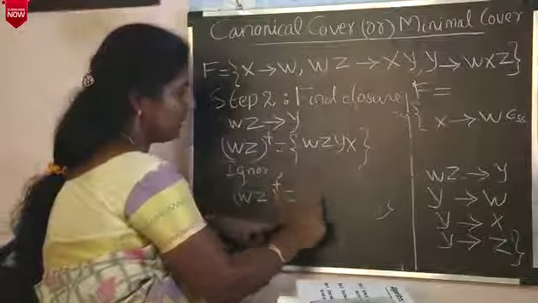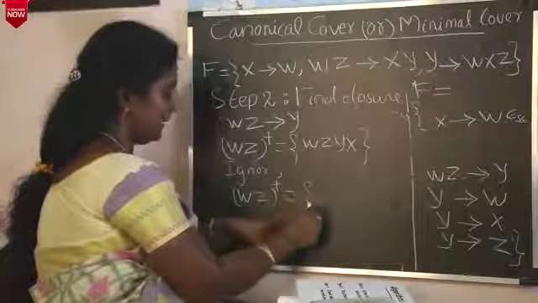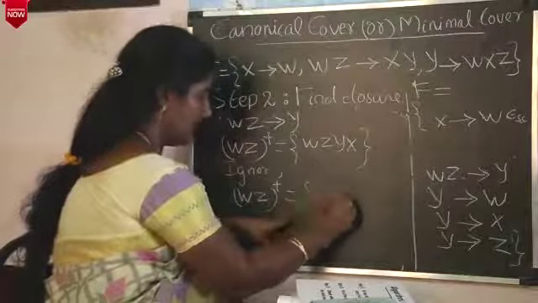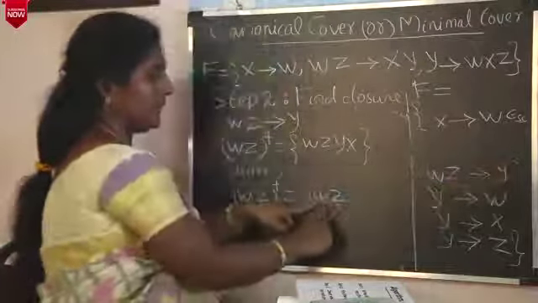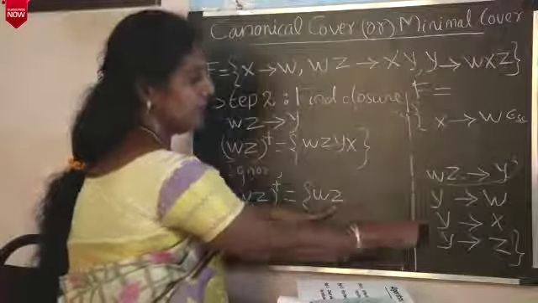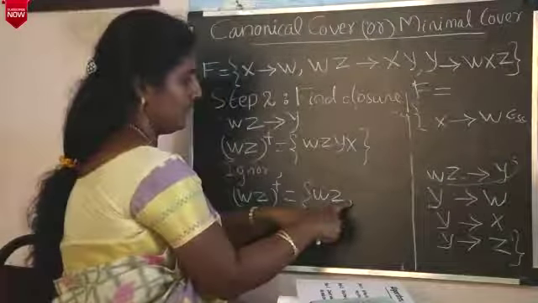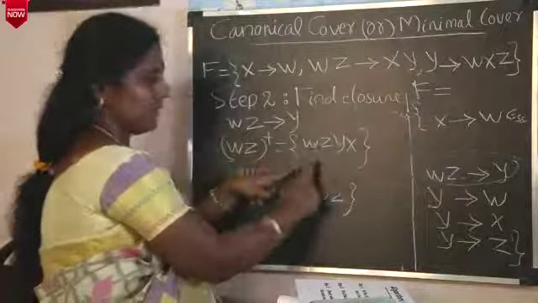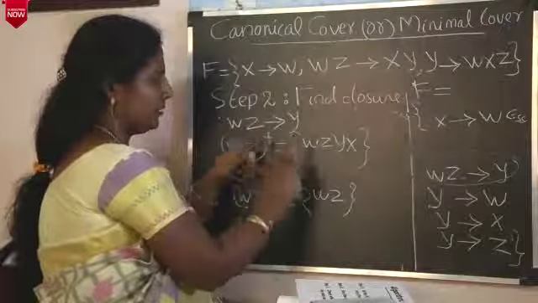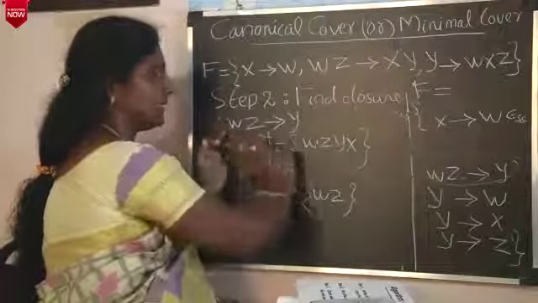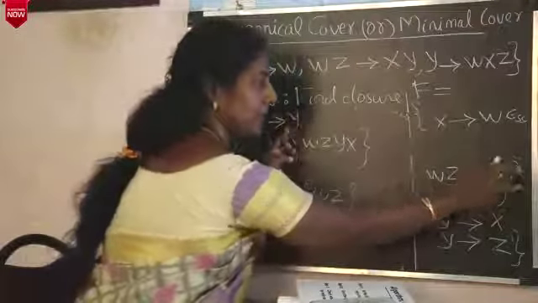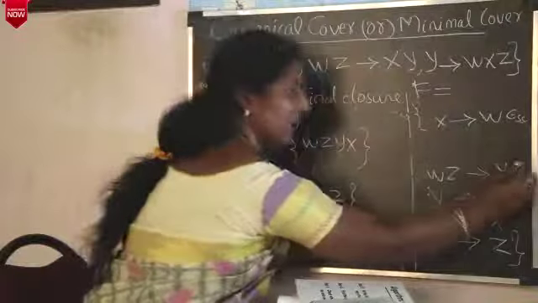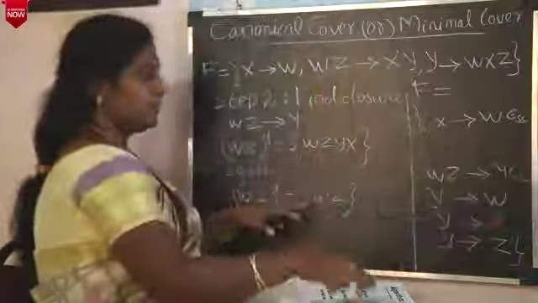Wz can be determined by itself. We assume that this is removed now, so Wz is not determining anything. So these two are not the same. You cannot remove this functional dependency, Wz determines y, from this set. So this Wz determines y is also an essential attribute.